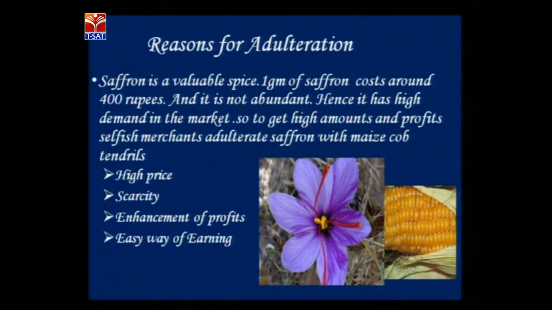So, to get high amounts and more profits, selfish merchants adulterate the saffron with maize cob tendrils. With this example, you can easily tell what are the reasons for those adulterations, right? Yes, they are high price, scarcity, enhancement of profits, and this adulteration is an easy way of earning.